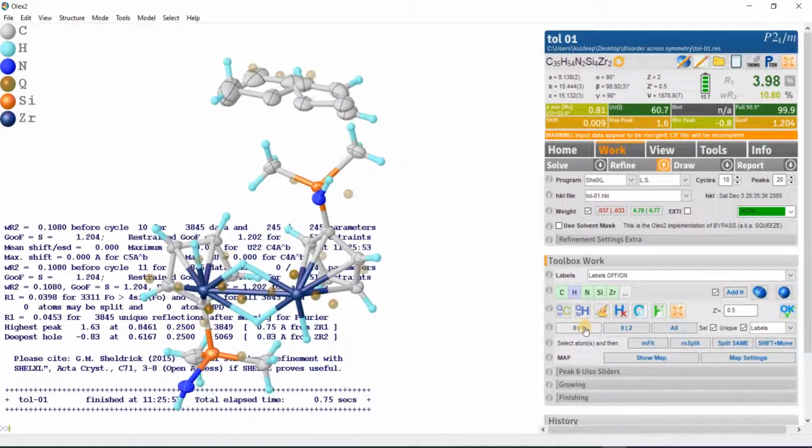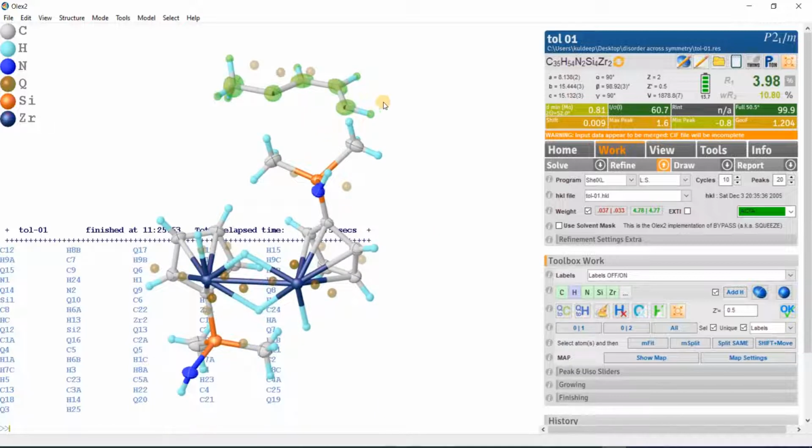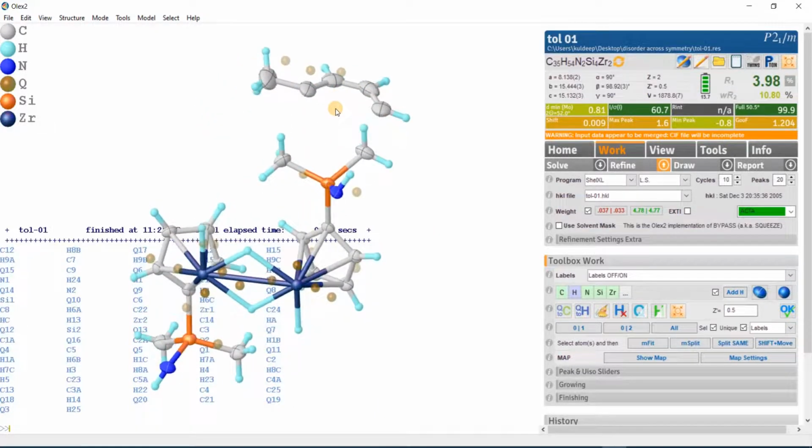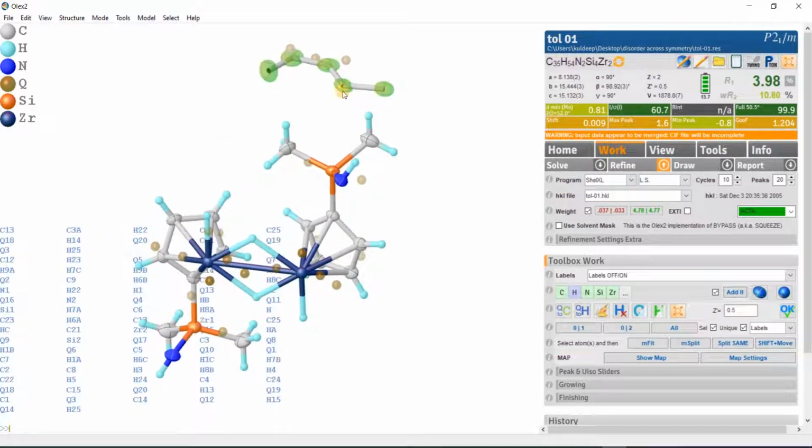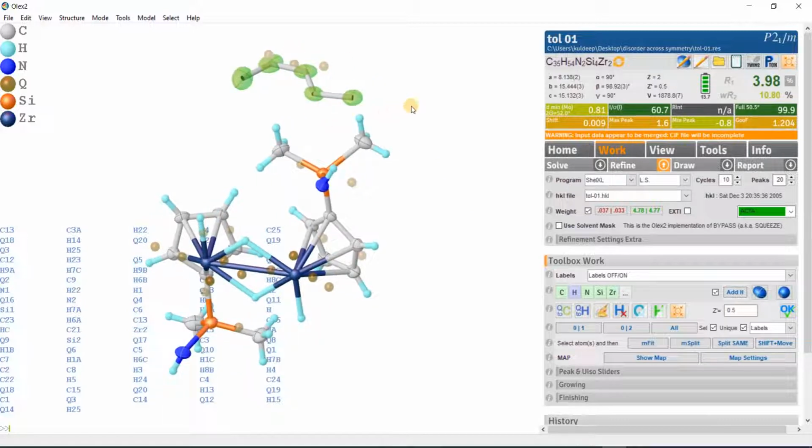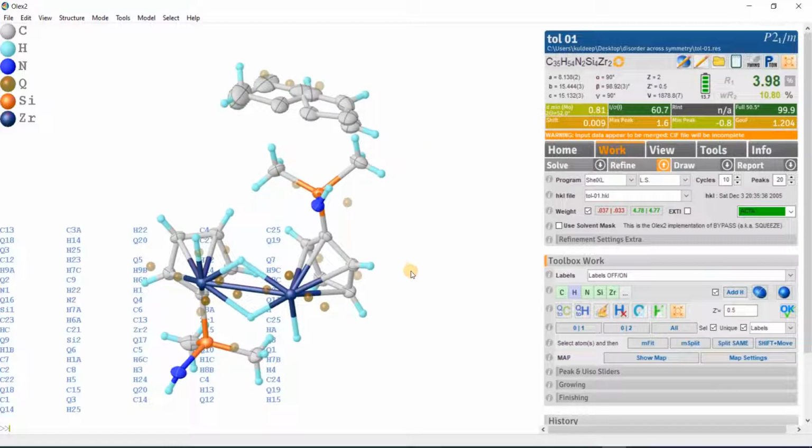So if I press this 0, 1, this is part 1 and this is part 2. You still do not have hydrogen yet. So if I press all, now I am going to select part 2. Now I'm going to add. It will add hydrogen on the second part also. Let's again select this part 2 and press this button.